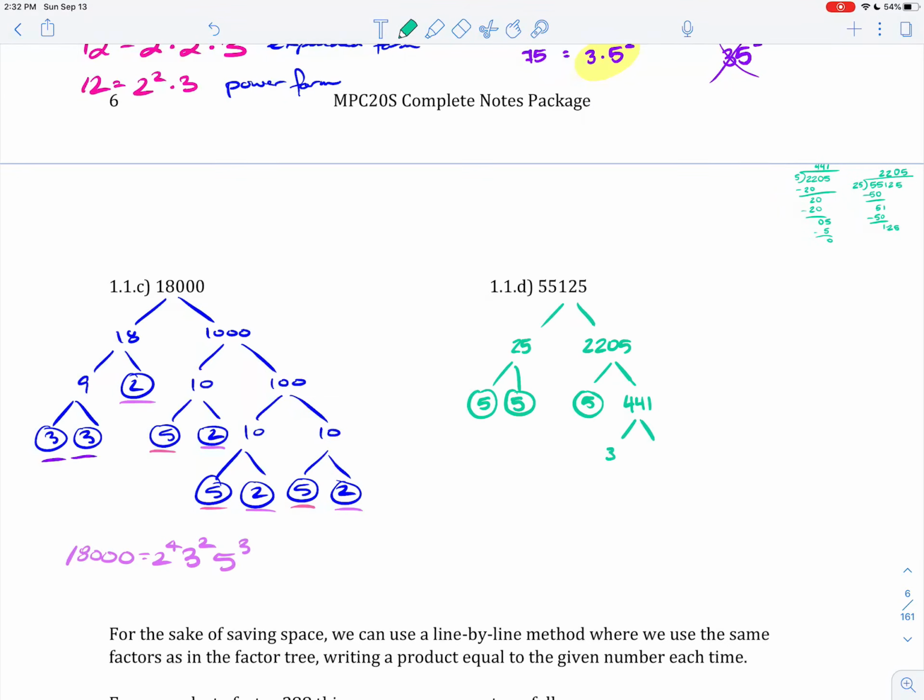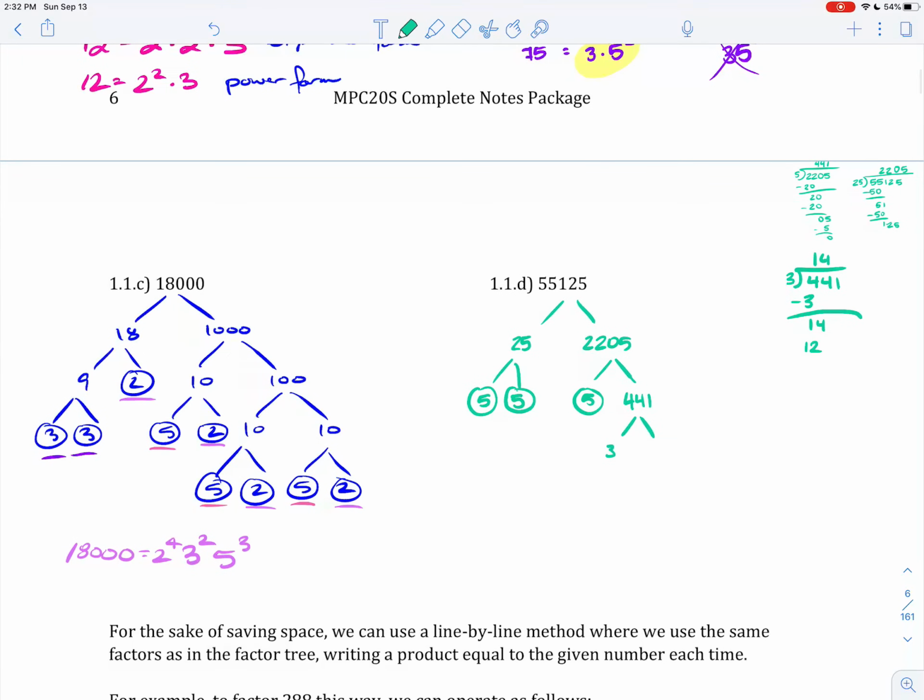Now, 3 going into 441. 3 goes into 4 once. 3 goes into 14 4 times. And 3 goes into 21 7 times. 147. Now we're cooking.